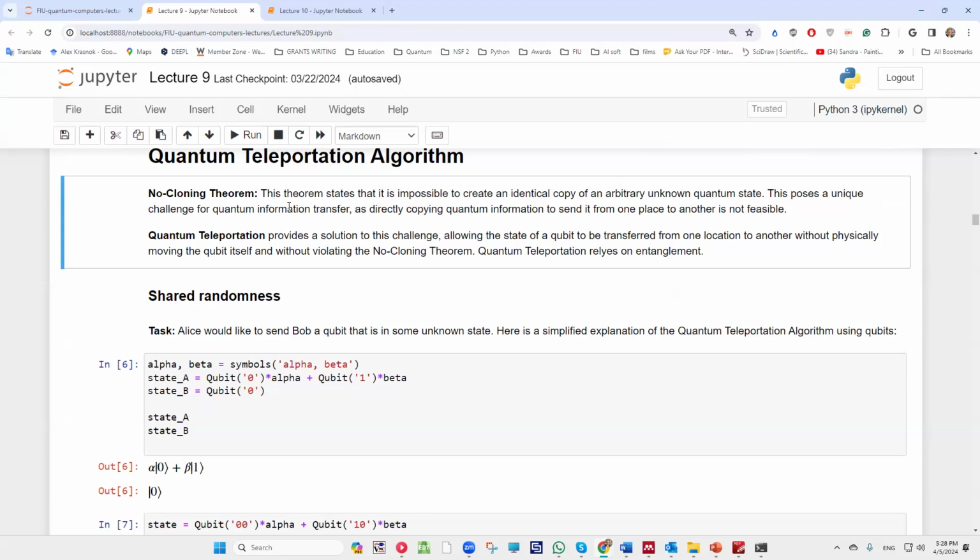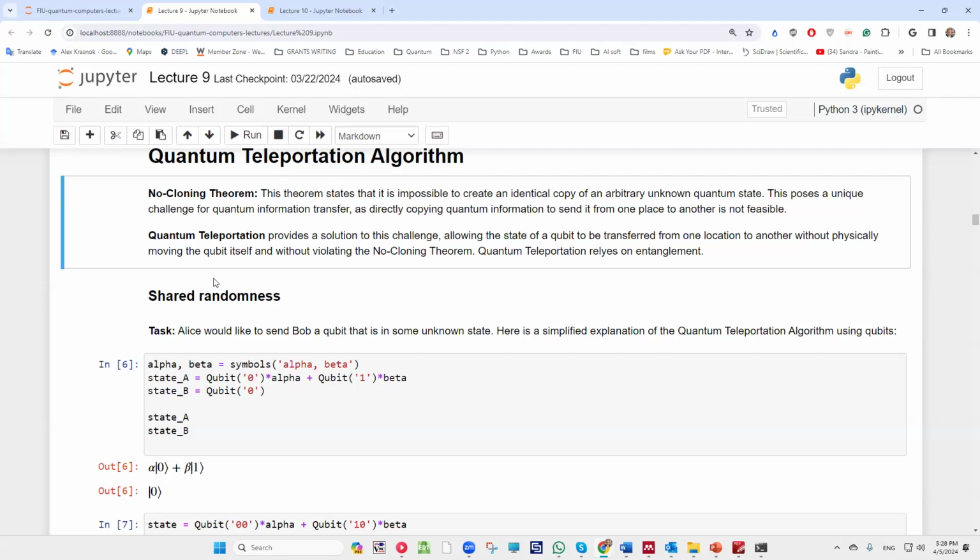This is basically a statement that we cannot clone or save the quantum state by measuring the state, because any act of measurement leads to destroying the quantum state, because of the fragility of the quantum state.